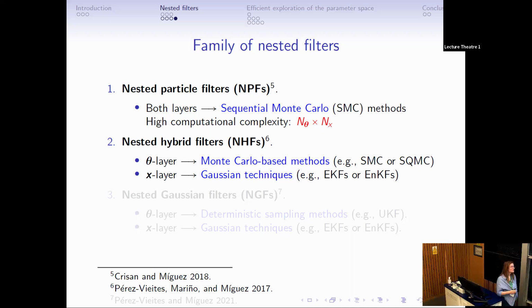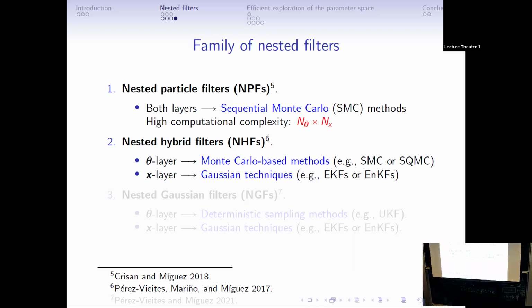The first try was to use something very fast and easy to implement, such as Kalman filters for the state layer. This is good for Gaussian models, but we also implemented it using extended Kalman filters or ensemble Kalman filters for nonlinear models, and it works quite well, and it works faster. It was the main goal.